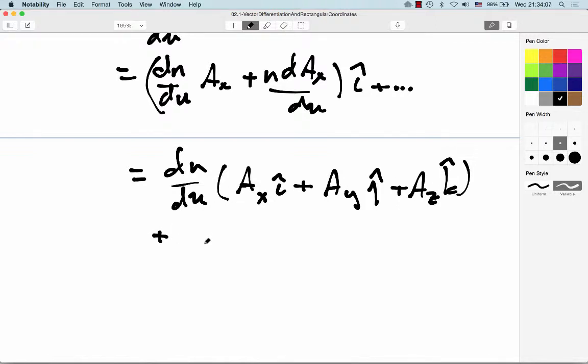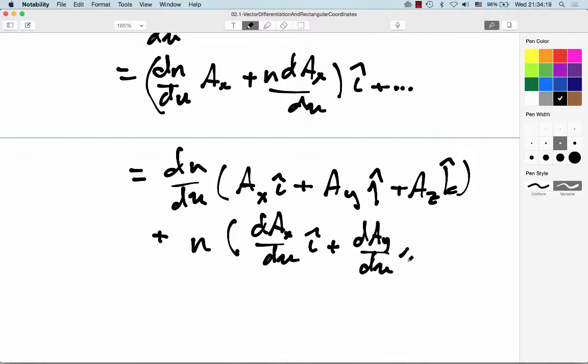For the other parts, there's a common factor of n everywhere, and that'll give me dA x du i hat plus dA y du j hat plus dA z du k hat. But this last bit here is exactly what we mean by dA du.